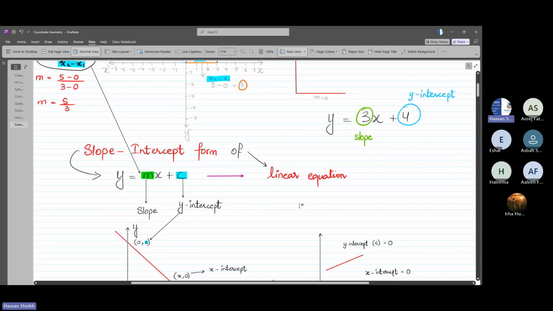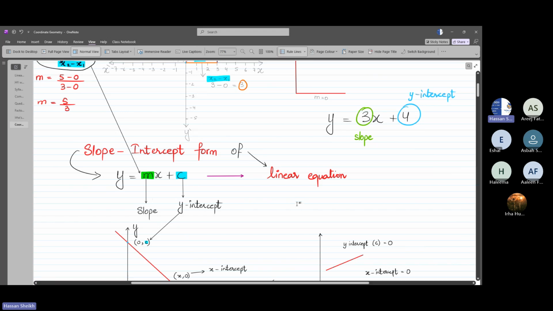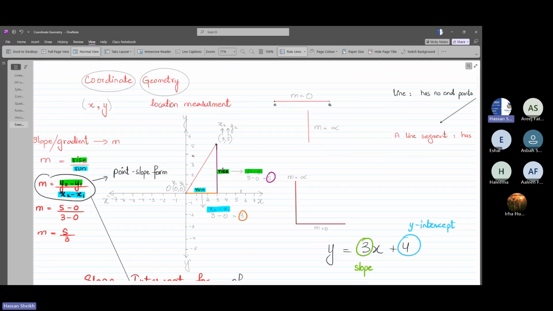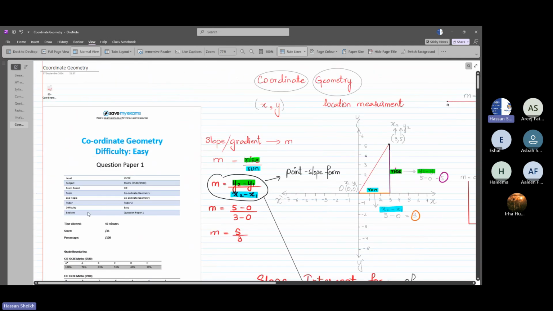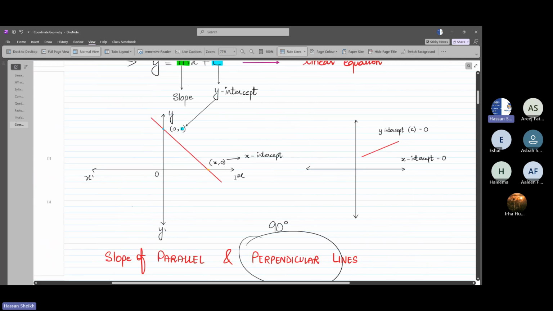Linear equations means where the maximum power of the variable is 1. These formulas are only applicable to lines. Lines represent linear equations with the maximum power of the variable as 1. So all these equations which we have dealt with, or which we will deal with now, will obviously be linear equations.